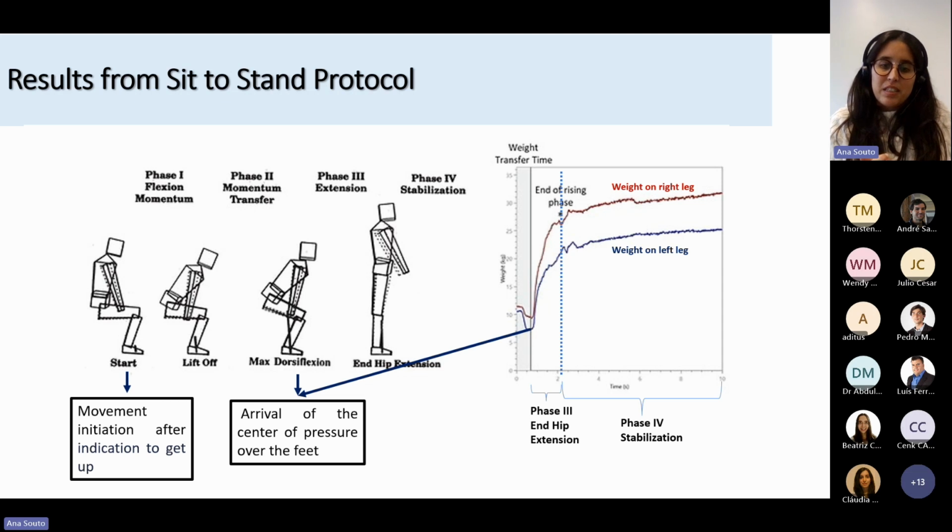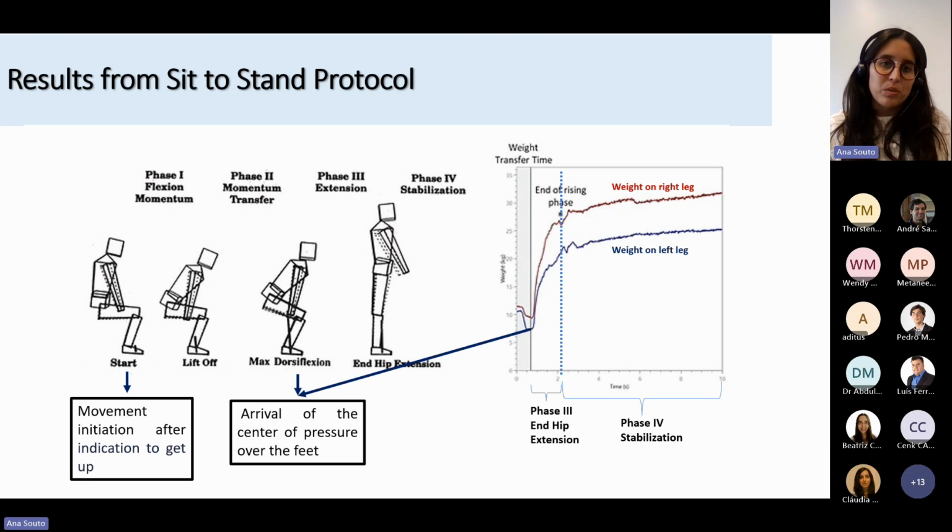If this person is afraid of falling, this sequence of movement will be affected, and the time that this person will take to complete the weight transfer will be larger, so it will be increased. Sorry. And so we have this parameter. Okay, the software measures this time.